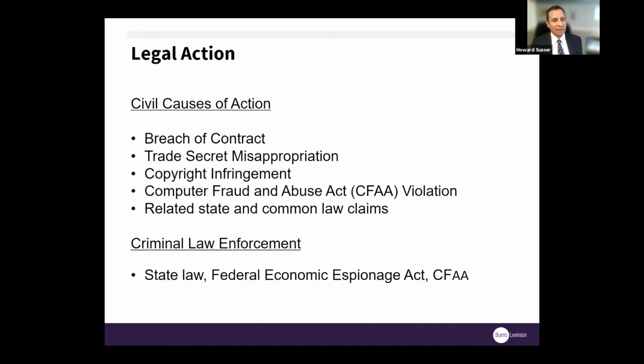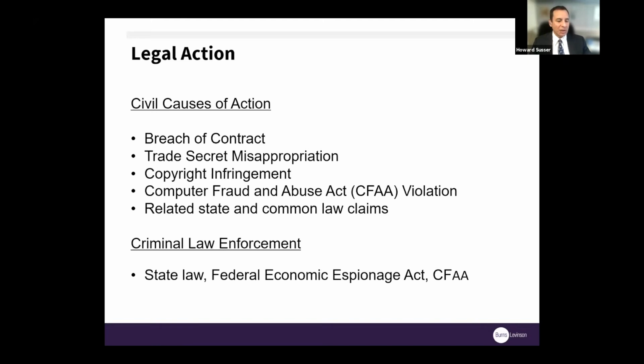There's also an act called the Computer Fraud and Abuse Act, of relatively recent vintage, that was developed as an anti-hacking statute, but it has a civil aspect as well as criminal, to go after data breaches and hacking and thefts that may not necessarily rise to the level of a trade secret, but are interrupting service, or maybe just somebody's doing some kind of vandalism to your system, but they're not really taking anything. The CFAA is available for those kinds of causes of action.